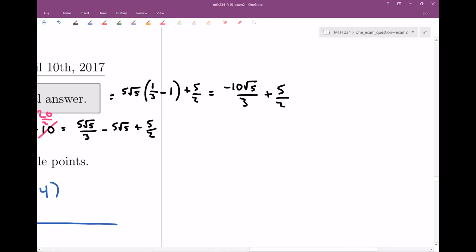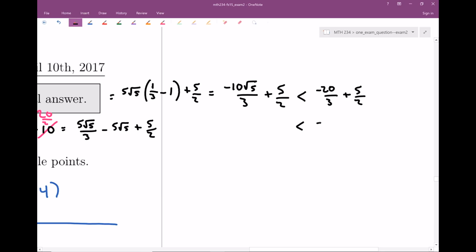All right, so now I need to estimate this, I need to know how big it is. Well, this is certainly smaller than if I replace this root 5 with a number that I know and love, like root 4. If I replaced it with root 4, this would be equal to negative 20 thirds plus 5 halves.